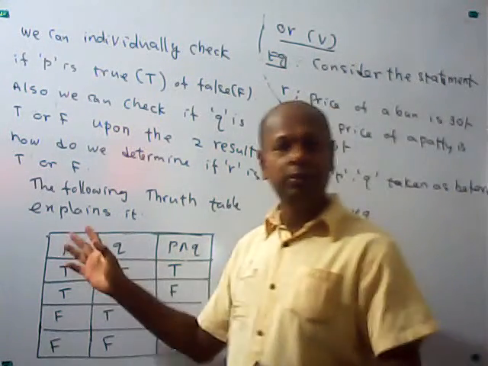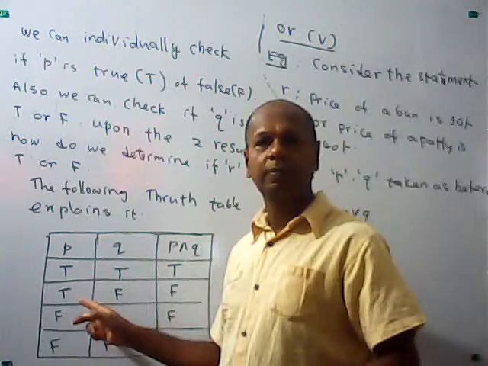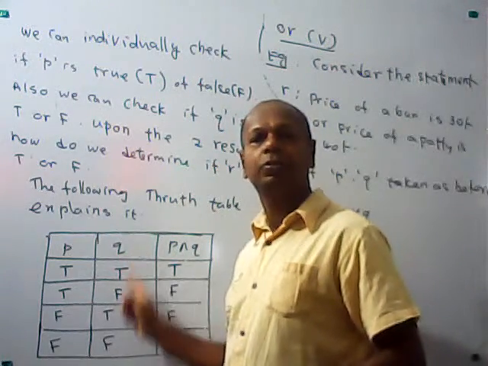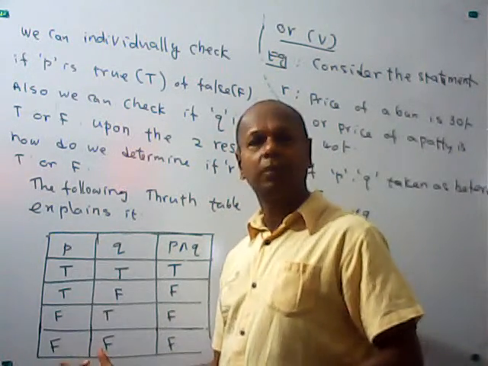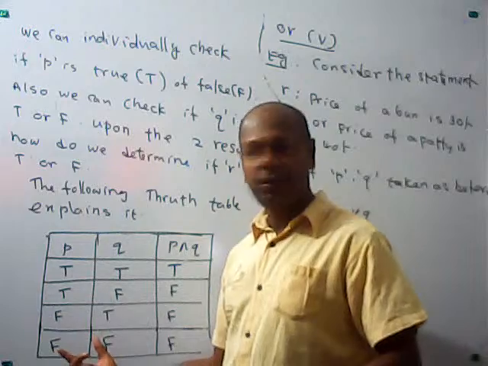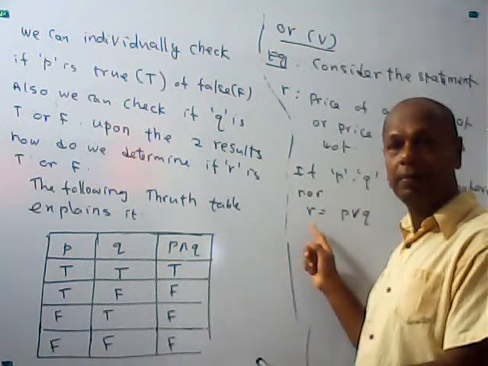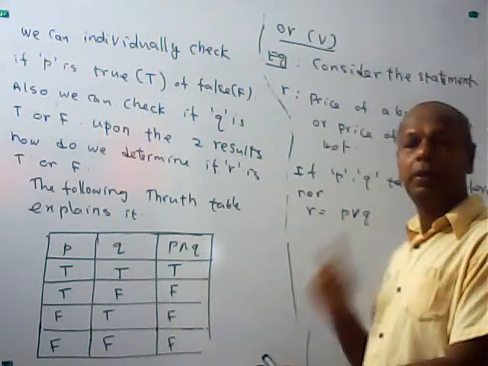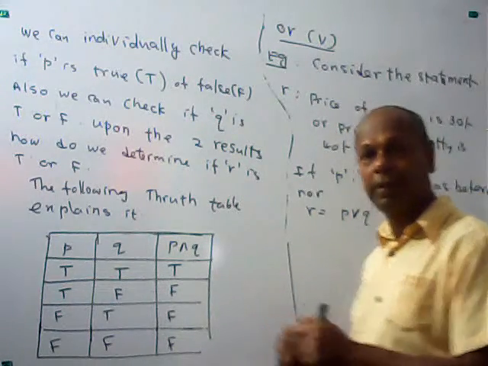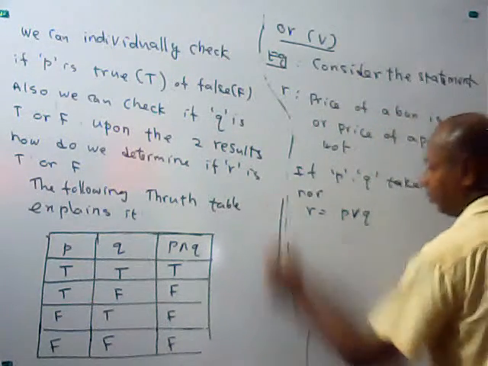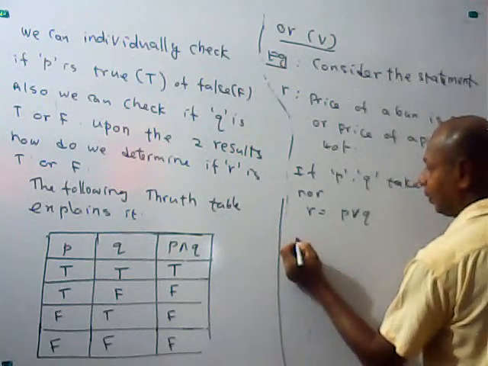Again, you can individually check if P is true or false. You can individually check if Q is true or false. So these are all the possibilities, right? Now, upon them, how do you determine, this time R is P OR Q, the validity of R? How to determine the truth table?